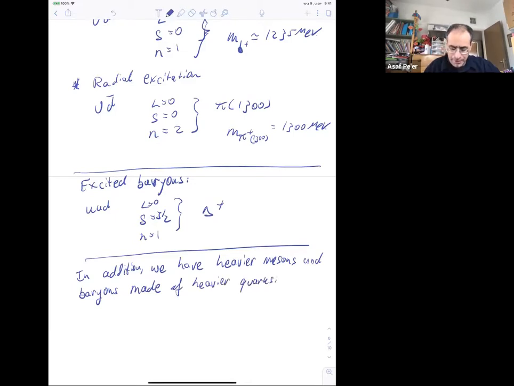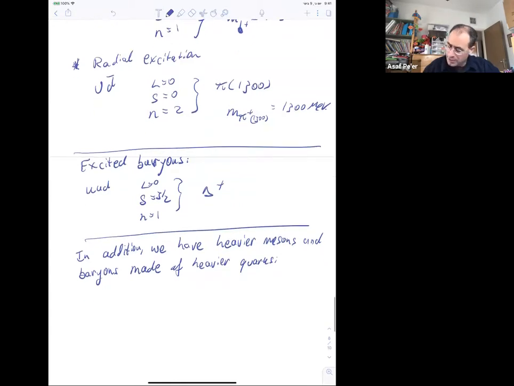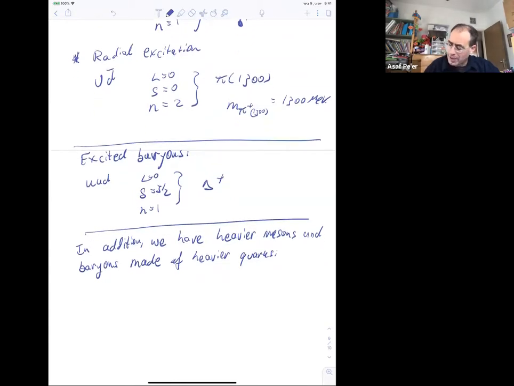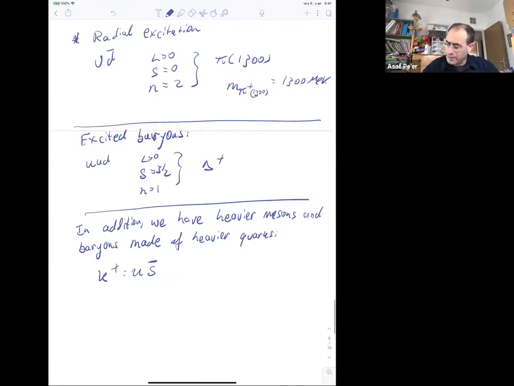So if we take the lightest charged strange meson, then we end up with a particle which is known as the kaon. The kaon plus is made of an up and an anti-strange quark. And of course, the negatively charged kaon is made of the strange quark and the anti-up quark.